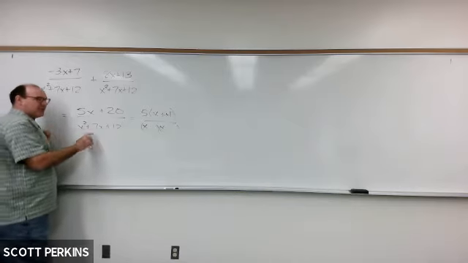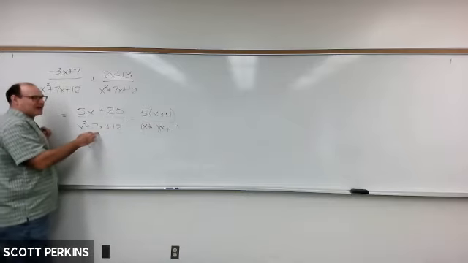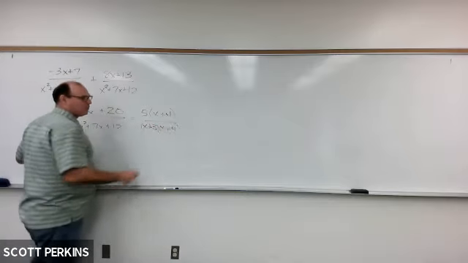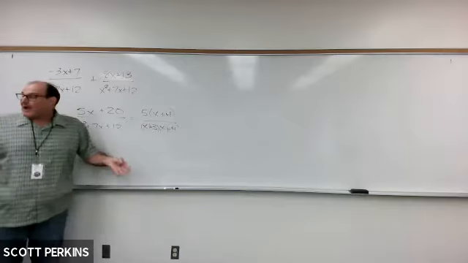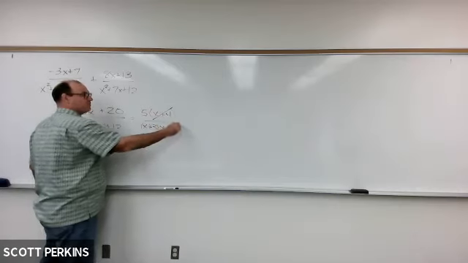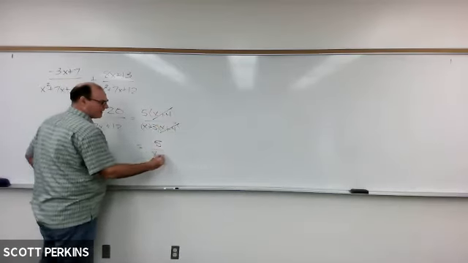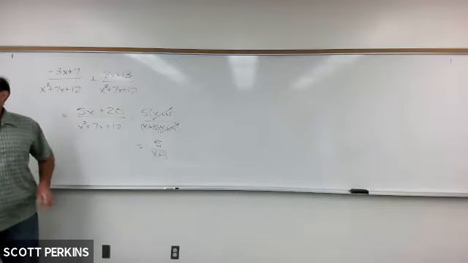This tells me they're both going to be positive, so positive and positive. The two factors of 12 that add up to 7 are 3 and 4, or 4 and 3. We do have a common factor. I can now cancel this whole x plus 4 factor, this whole x plus 4 factor, and that leaves me 5 over x plus 3.